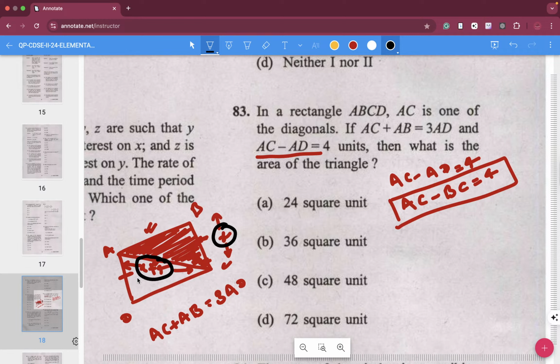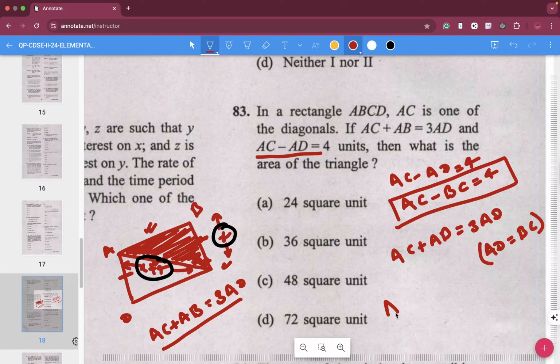These two values are given over here. Now we have one more observation that they have given: AC plus AB is equal to 3 times AD. Again, instead of writing AD, we can simply write BC, because all of these are 3 parts of the same triangle ABC.